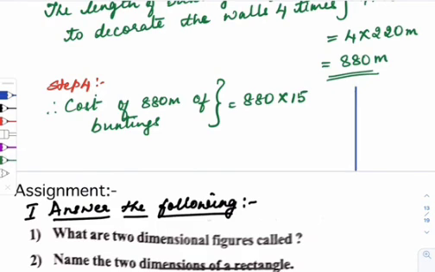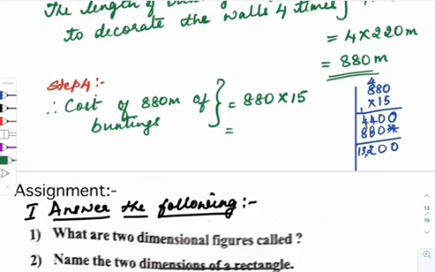To have the working done, 880 into 15 is 13,200 rupees. So with the working, we got the answer as 13,200 rupees. So the total cost of having 880 meters of bunting decorated onto an auditorium comes up to 13,200 rupees.